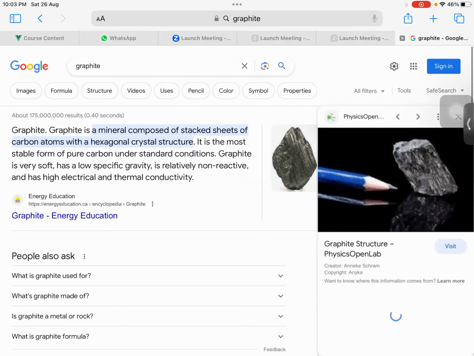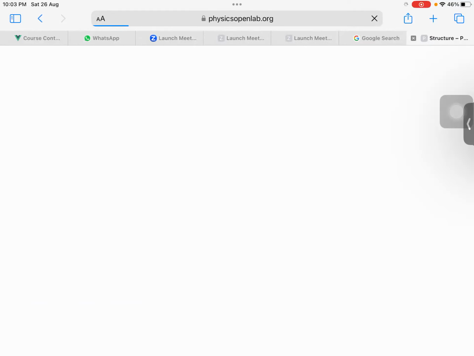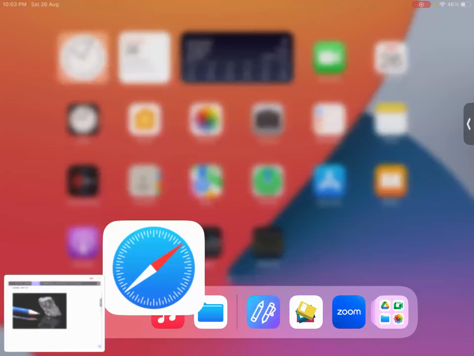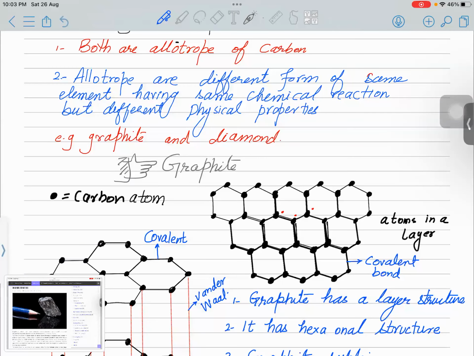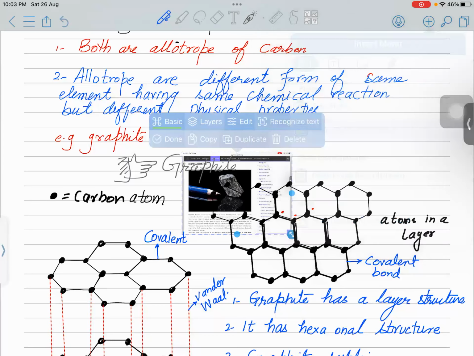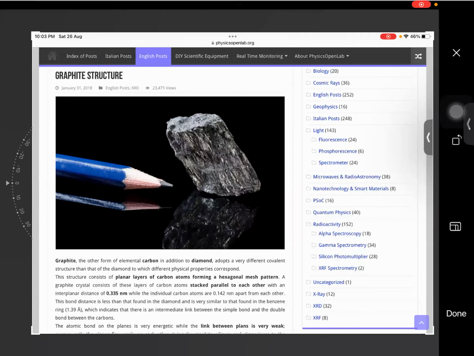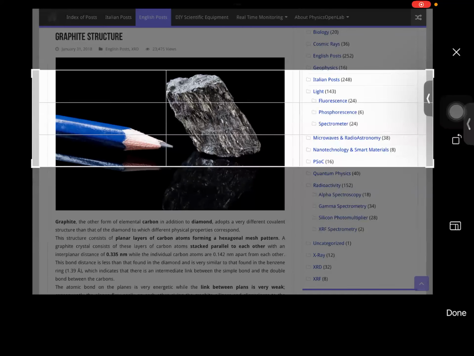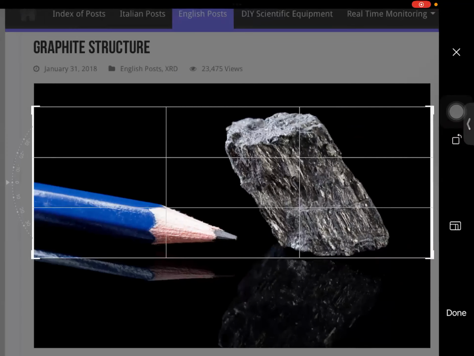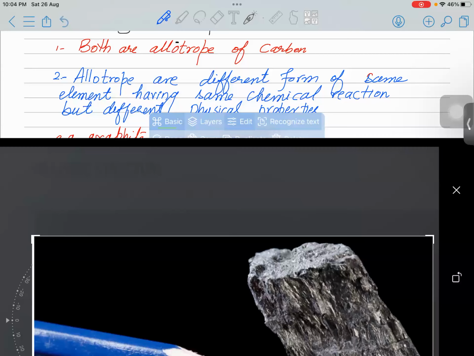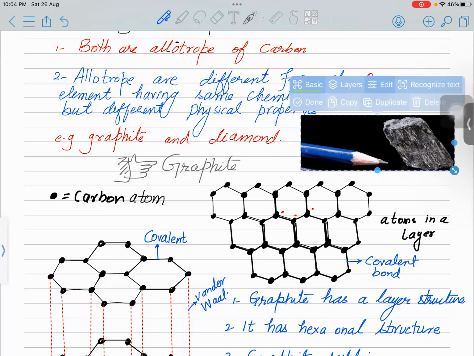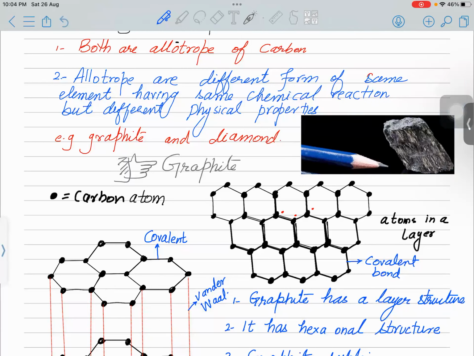Yes, this is graphite. This is graphite, right?